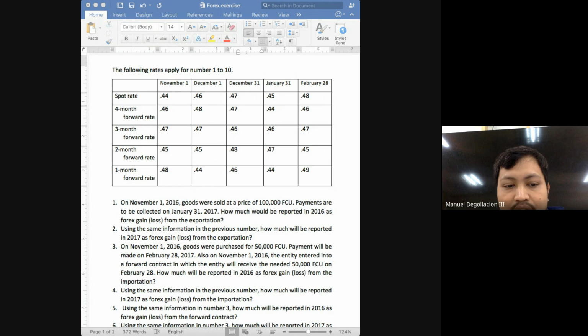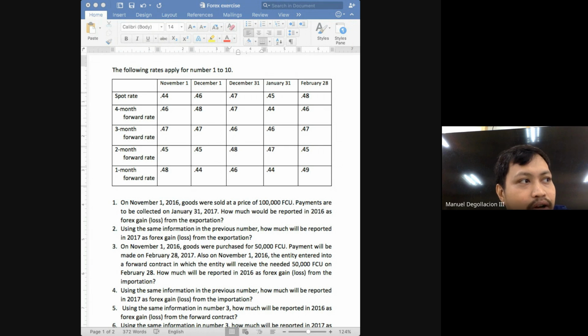So if you will be asked how much will be reported as Forex gain or loss in your OCI, and the transaction is simply an importation or exportation transaction, what will be your answer? Do you need to solve, class? No, your answer will be 0 because Forex gain or losses from importation and exportation transactions will be reported in your profit or loss and not in your other comprehensive income.